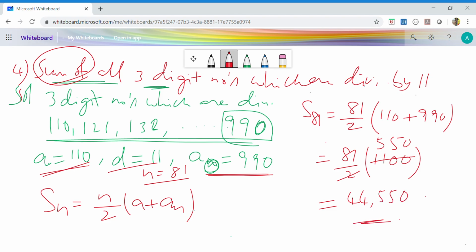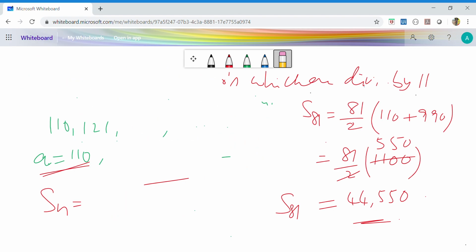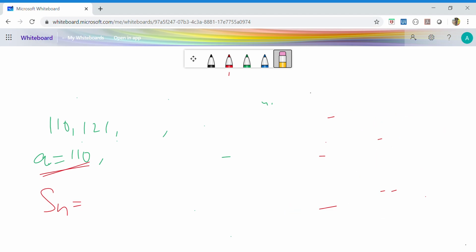That is the sum of the first 81 terms, which are the 3-digit numbers divisible by 11. So whatever is given, first you have to understand, and then substitute the related formulas.